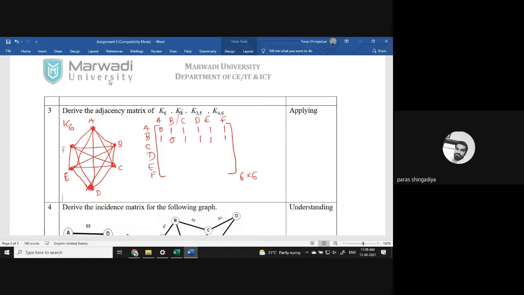We just mention it directly, without verification also: diagonal will be 0, sorry, diagonal will be 0 and the rest of all entries should be 1. That is row 4. Now the fifth row, and that is the last row. Okay, this is your matrix. That is for E, that is for F.